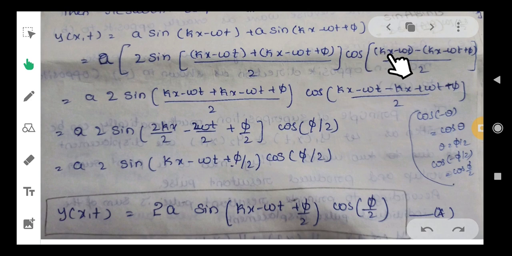A is kx - omega t, minus of b. Minus of b is kx - omega t + psi, divided by 2.